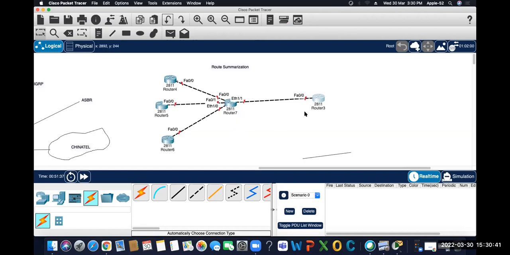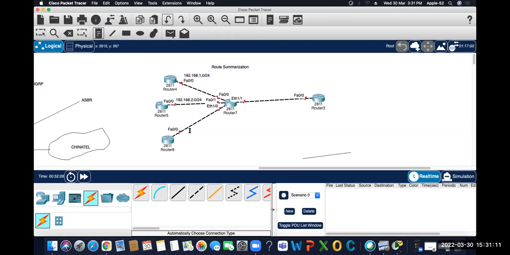This router 7 is connected to router 3. Let's say I have a network here, 192.168.1.0/24, and similarly here also 192.168.2.0/24.